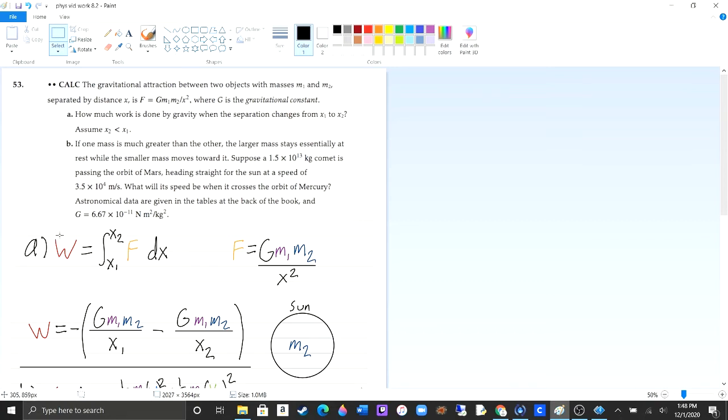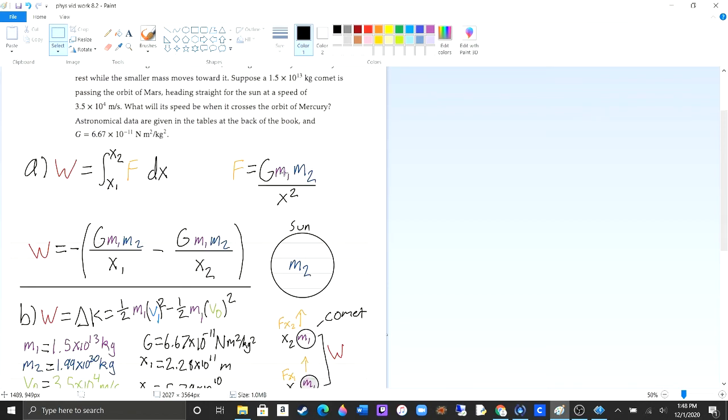Work is equal to the integral of force from our first distance to our second distance. We know that force equals gravity times mass 1 times mass 2 over x squared.